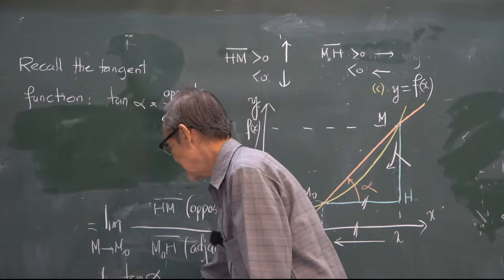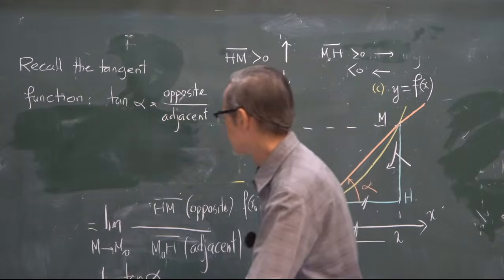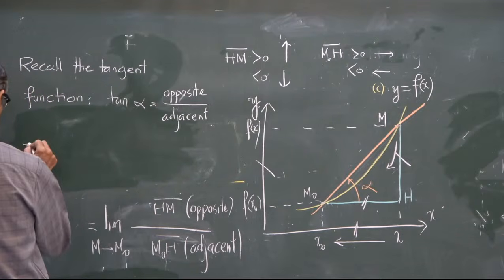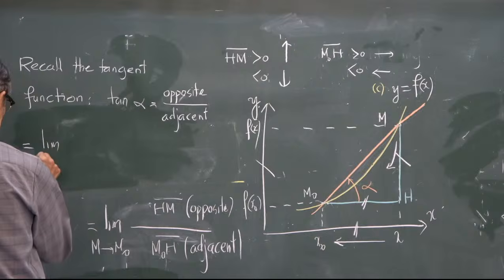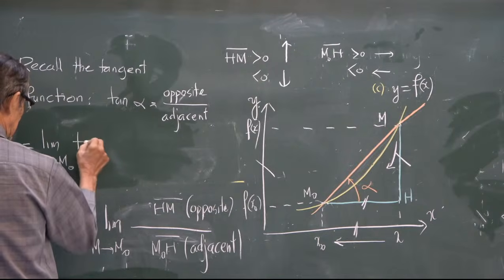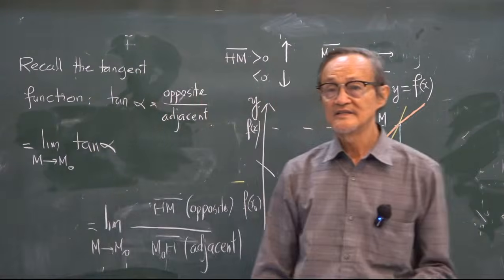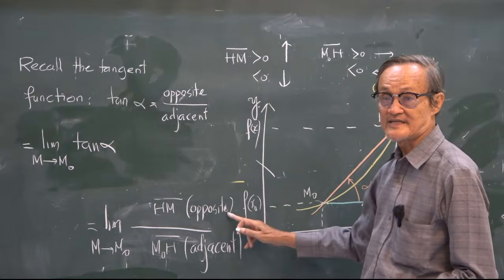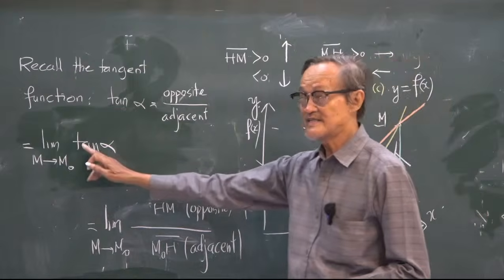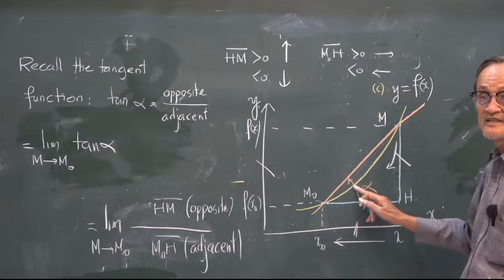Limit M tends to M0 of tangent of alpha. Opposite over adjacent means tangent of alpha over this angle. Okay.